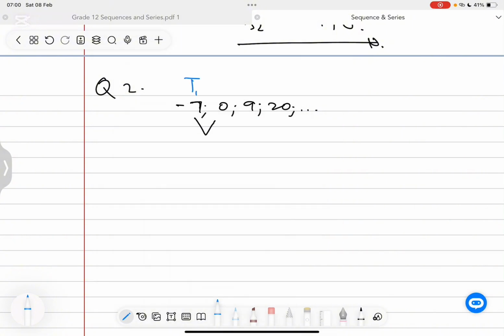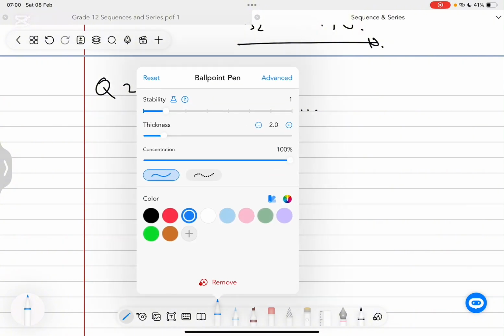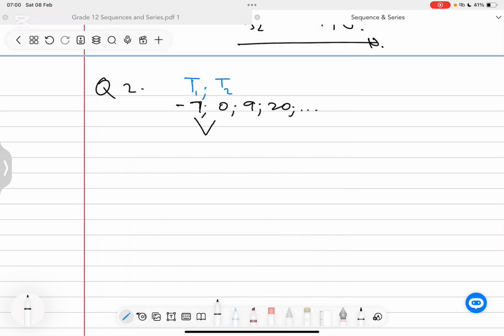In other words, between term 1 and term 2, what do we get? That is term 2 minus term 1, which is 0 minus minus 7. This would give me a 7.